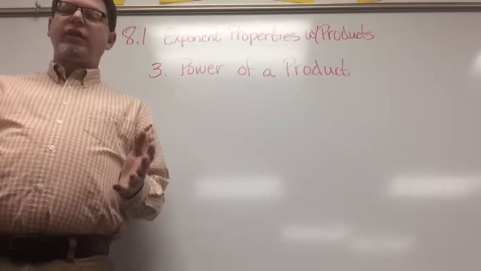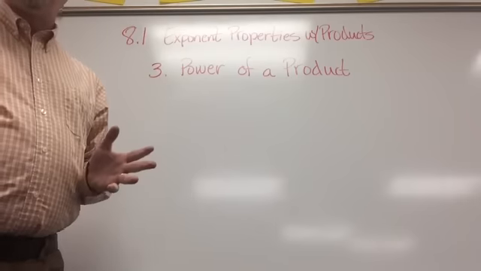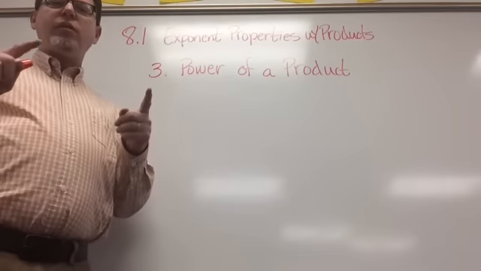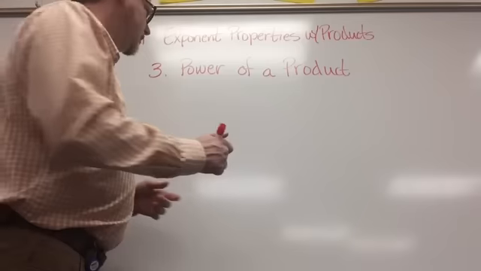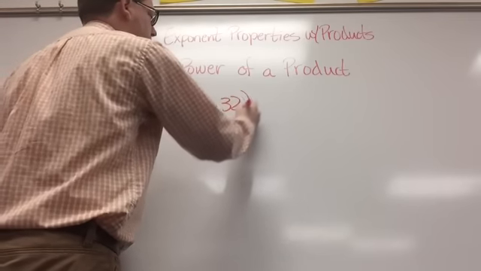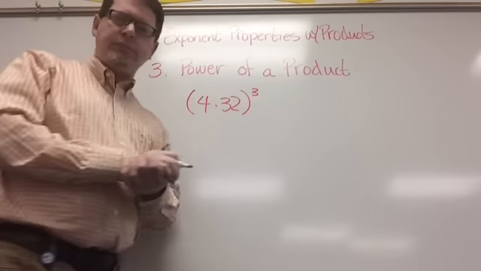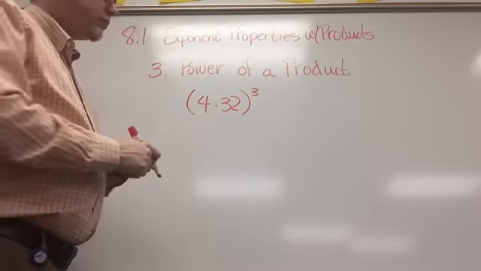The third property we're going to discuss in this whole exponent properties with products is the power of a product. So what does it look like? Let's say I have 4 times 32 to the third power. How would I deal with this?